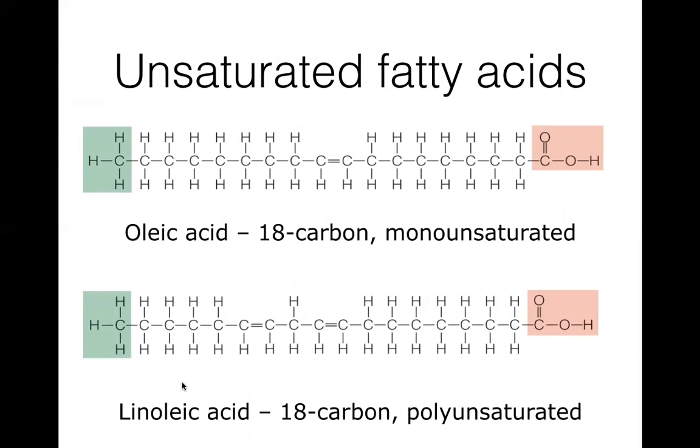On the other hand, below is linoleic acid, which also contains 18 carbons, but it contains two double bonds. So this is classified as polyunsaturated. Between the two, we can say that linoleic acid has more kinks, and therefore it has a lower melting point compared to oleic acid.